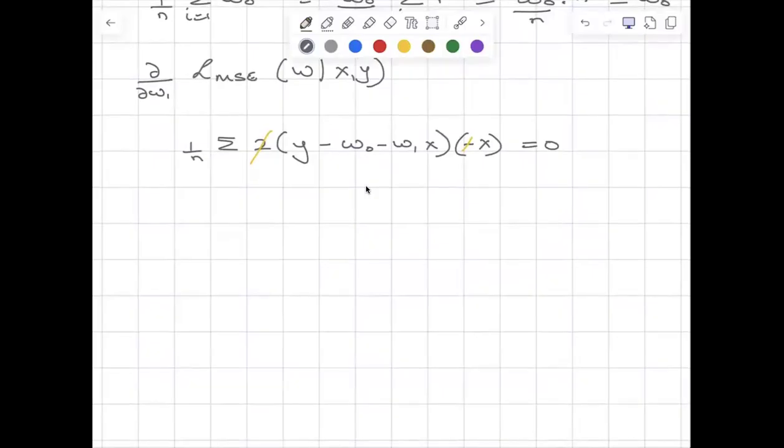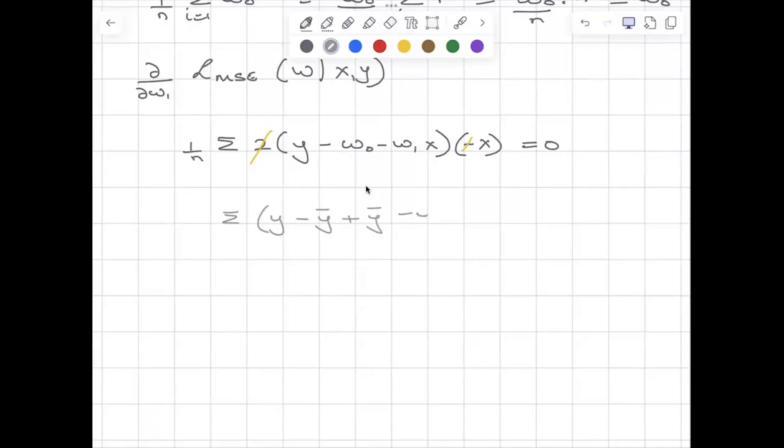But now what can we do? Let's see. I'm going to do 1 upon n. I think I can get rid of the 1 upon n as well. So I'll have summation, and I'm going to say y minus y bar. Let me do it step by step.